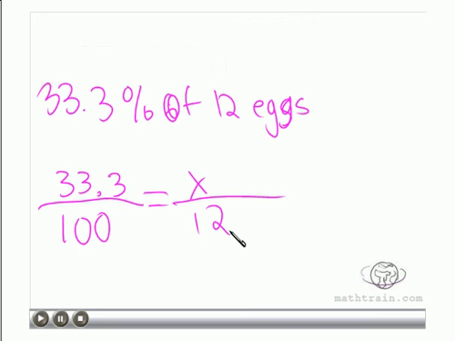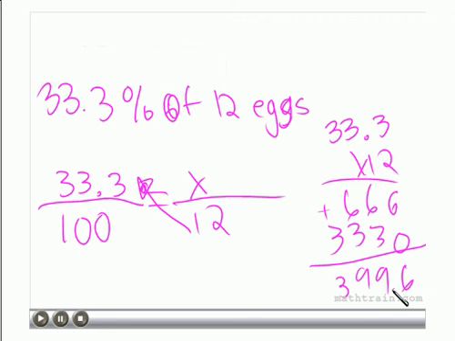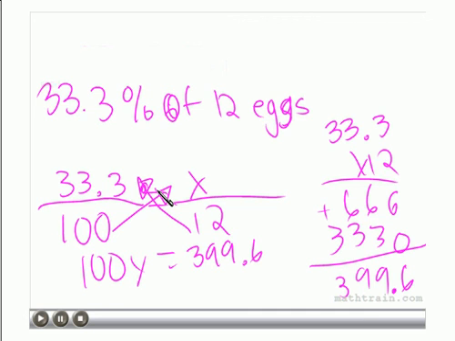And the way we're going to figure it is by cross multiplication. So you multiply 33.3 times 12, so that's 399.6 equals 100x, because that's what we multiply it by. And we're just going to round this off to 400 because this makes this go up to 400.